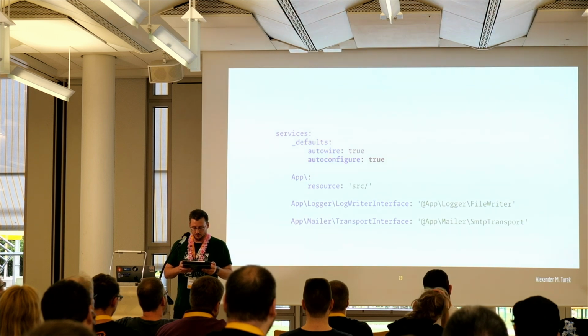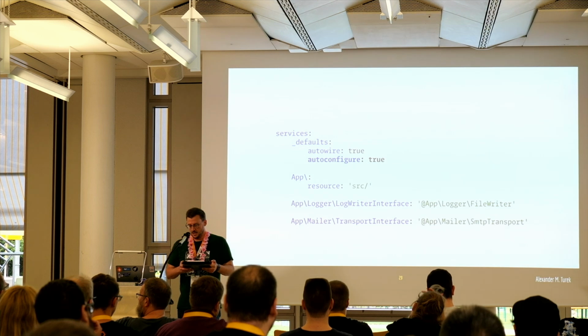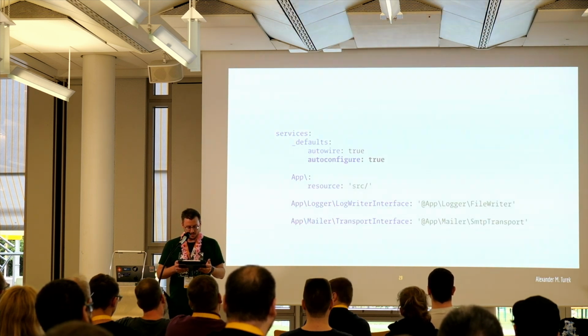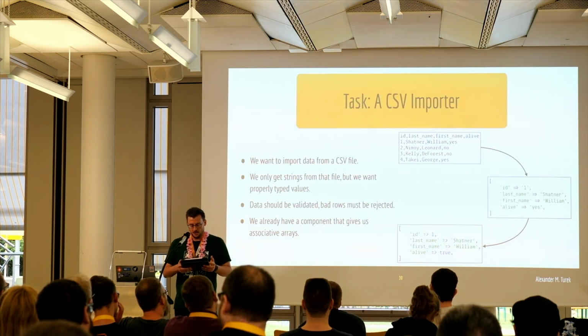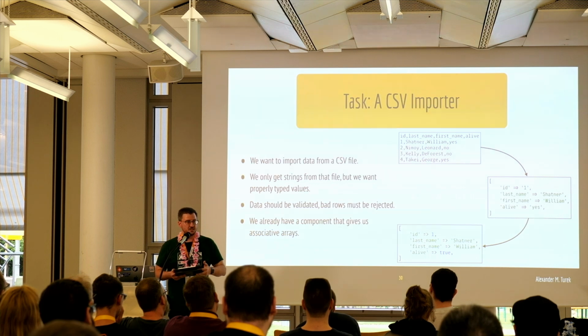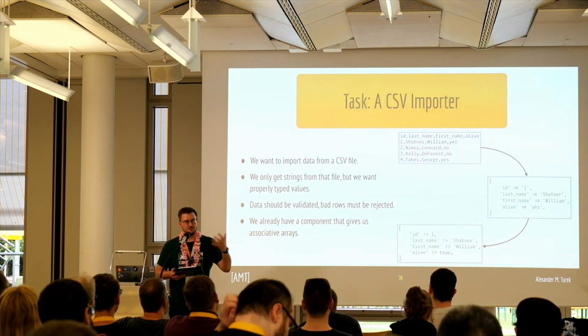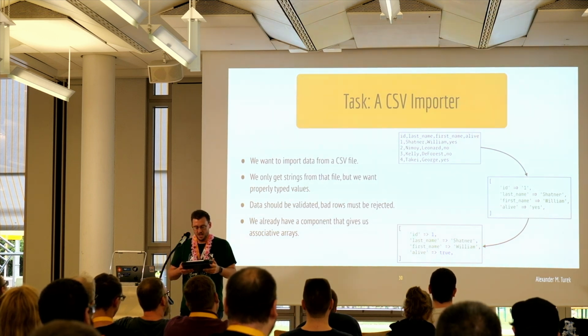Okay, so this is the file that we have now. Now this makes everything short. I want to implement another task. So we have seen our example with the newsletter dispatcher, and now we try to build something different.